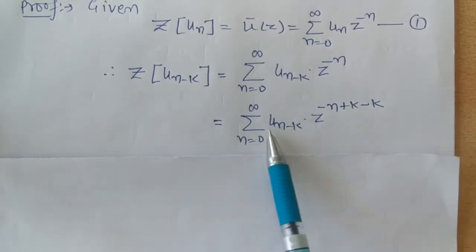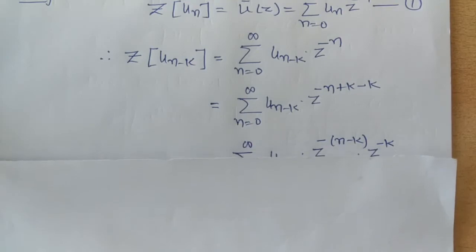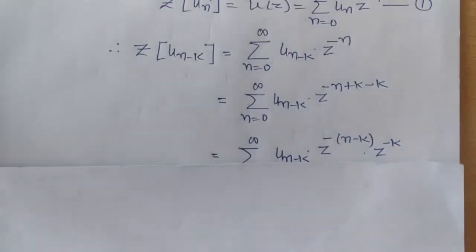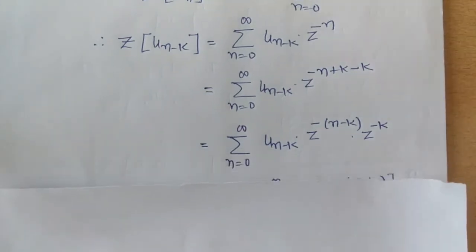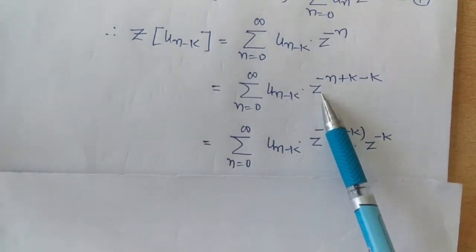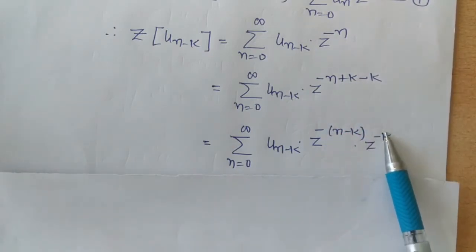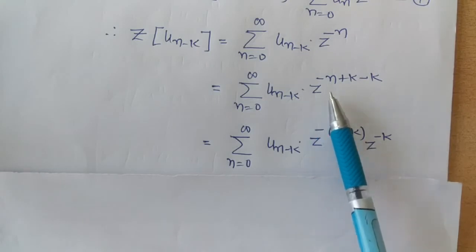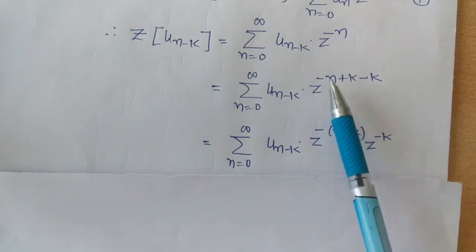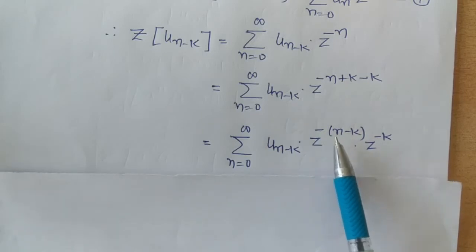Now this expression we write as summation n goes from 0 to infinity u_{n-k} into z^{-n+k} into z^{-k}, and from z^{-n+k} we take minus common, then we have z^{-(n-k)}.